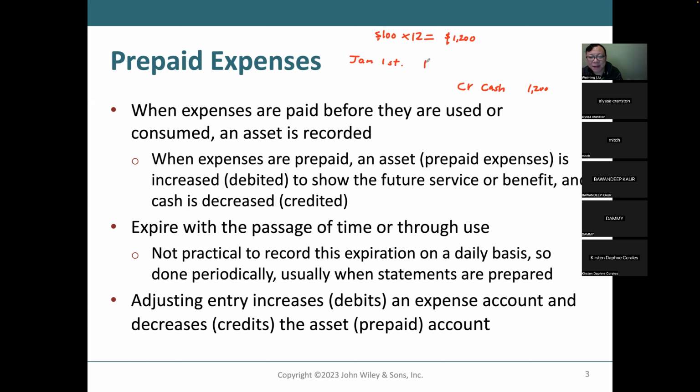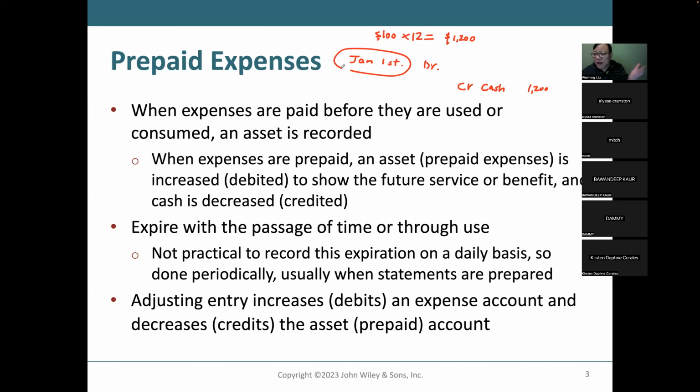So what do I debit? Well, you say, you should debit your expenses, right? Subscription expenses. But we're talking about January 1st. I haven't received even one magazine yet. There are 12 magazines coming over the year. We are talking about the day 1 of the fiscal year.